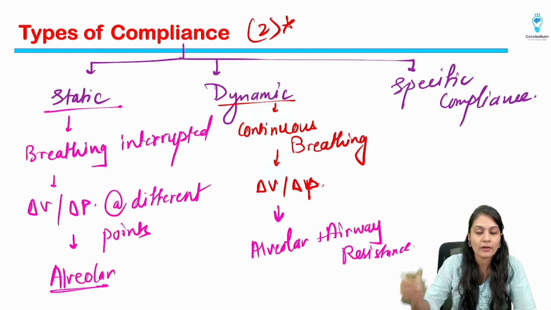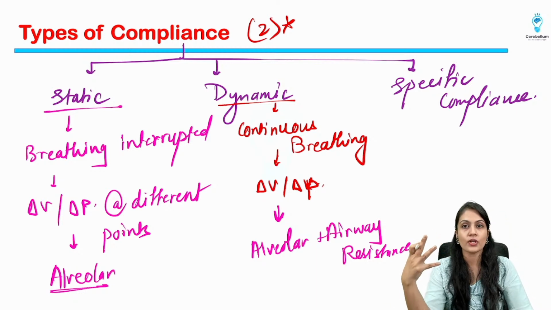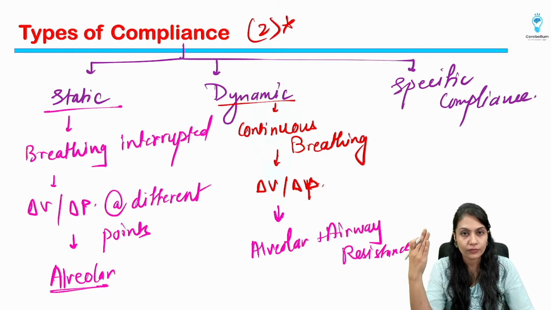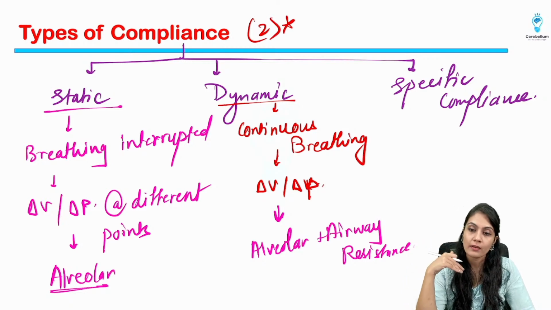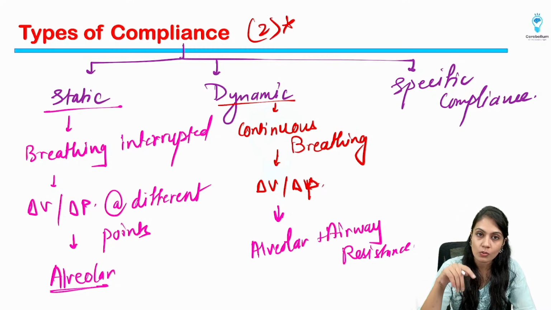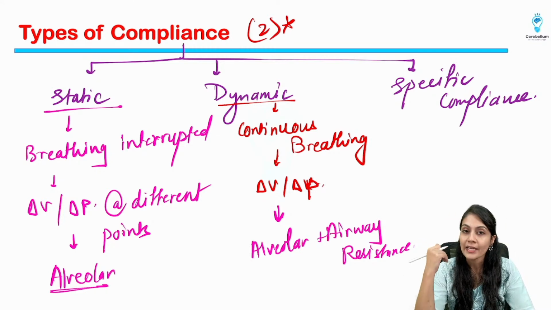The main resistance from the alveoli comes from the surface tension, right, and not from the other things, that is elasticity and the airways specifically, and the tissues also. But in the dynamic case, it is very important to measure the airway resistance. A simple question can be asked: which one of these is going to have higher resistance? When you add airway resistance also, definitely it is going to have higher resistance.